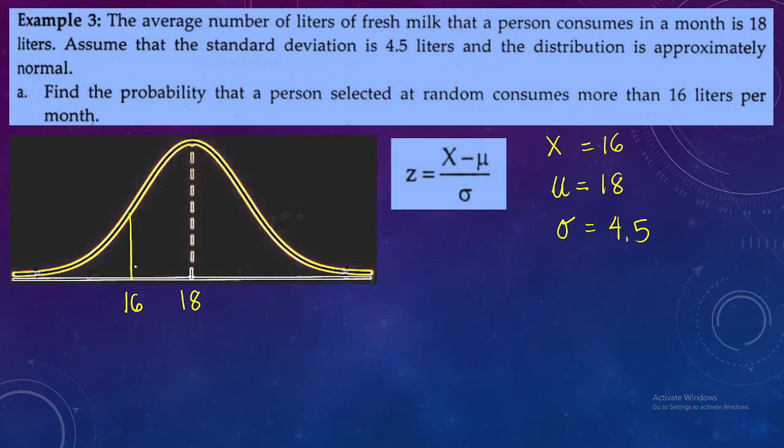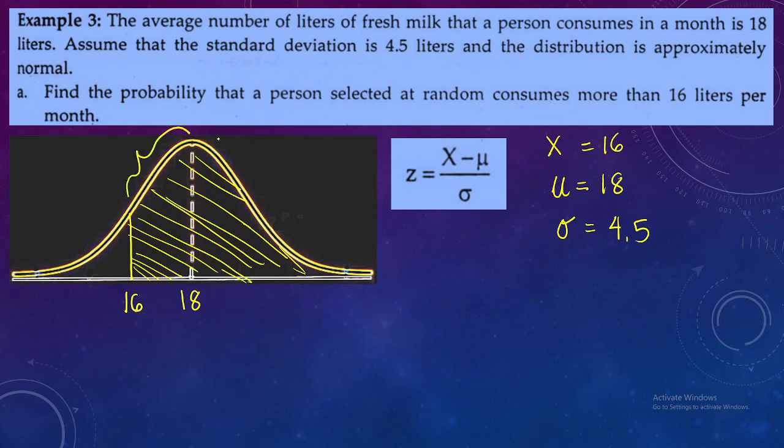The right. So meaning I'll be shading this whole part over here. Now to get this part, we need to know this area. Okay, we already know that this one is 0.50.